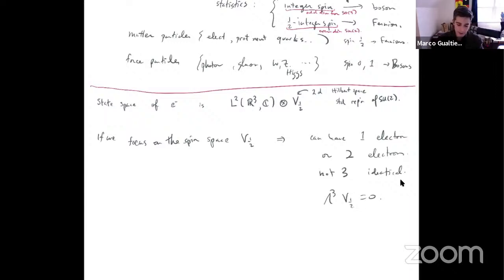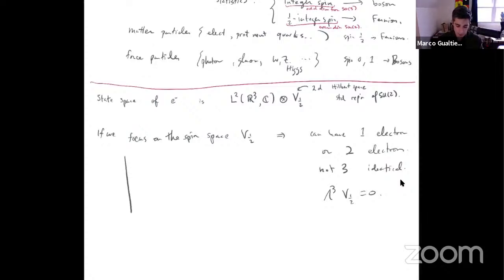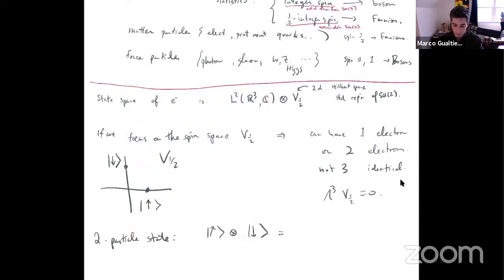So just to draw a picture, if V1/2 is generated by spin up and spin down, then a two-particle state would have to be up tensored down minus down tensored up.